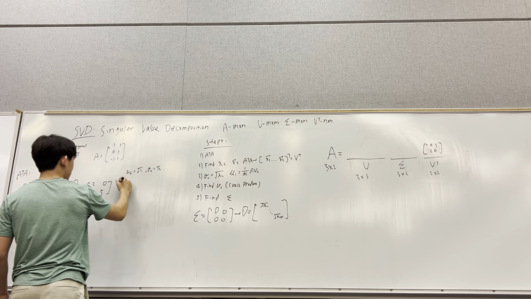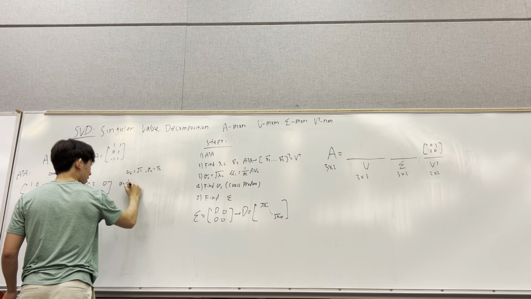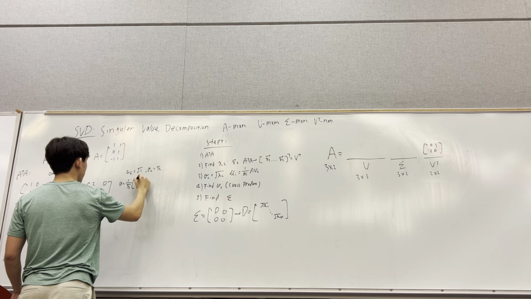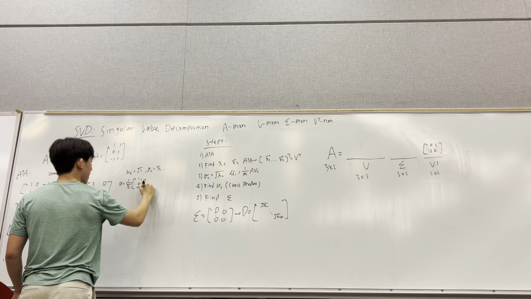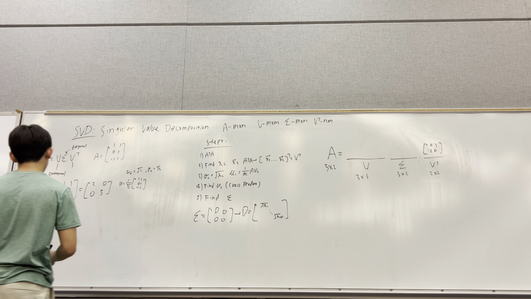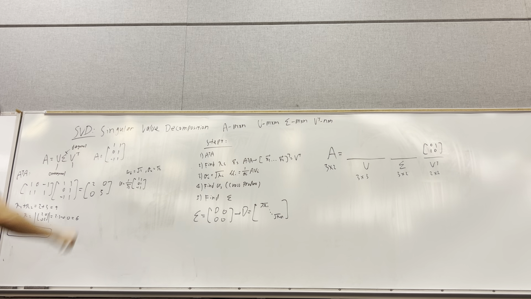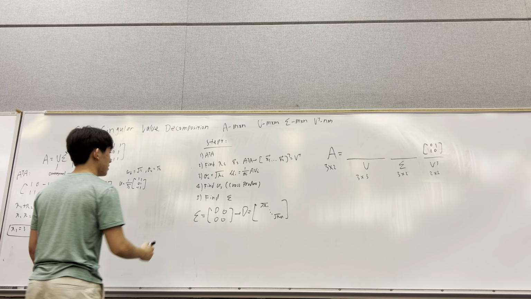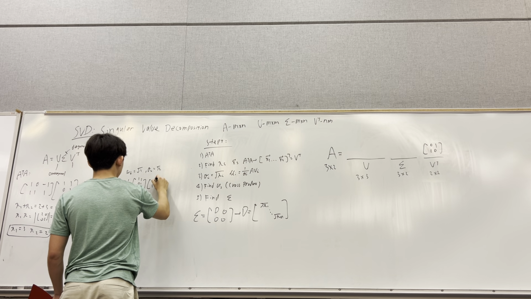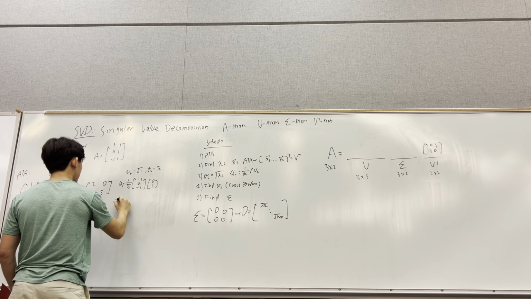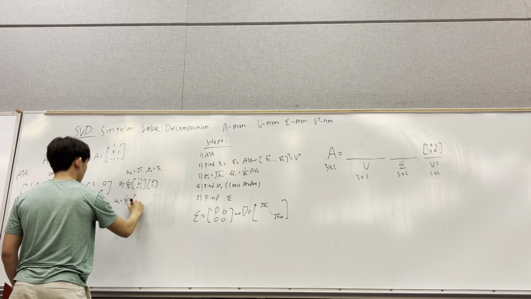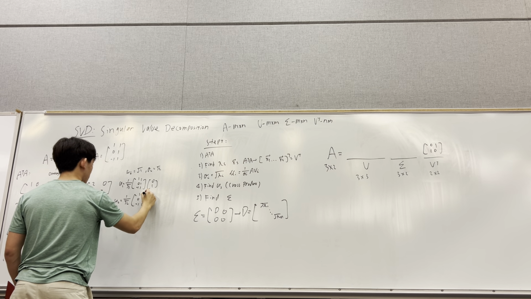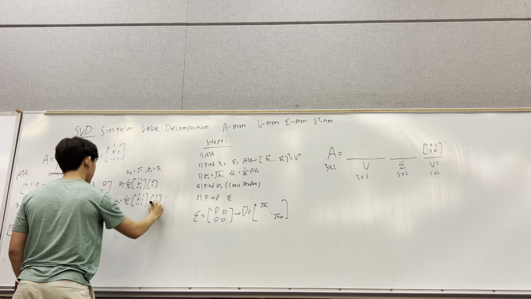u1. u1 is equal to 1 over square root of 3 times A times v1. And v1 is just the first entry of V transpose, so that's just (0, 1). And then u2 is equal to 1 over square root of 2 times A times the second entry, (1, 0).